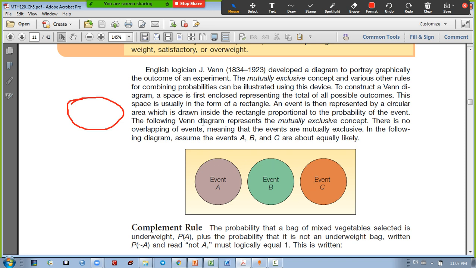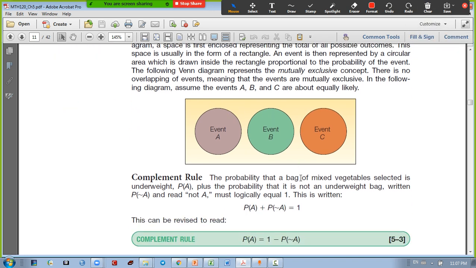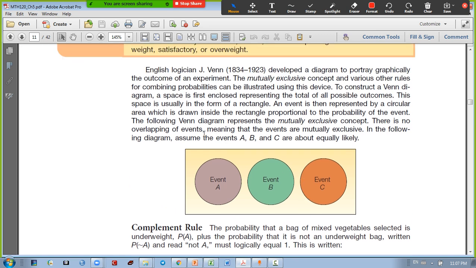This is the Venn diagram for three mutually exclusive events.